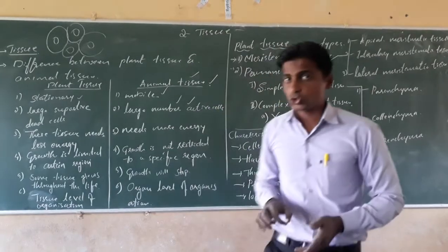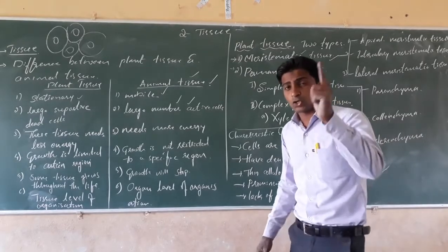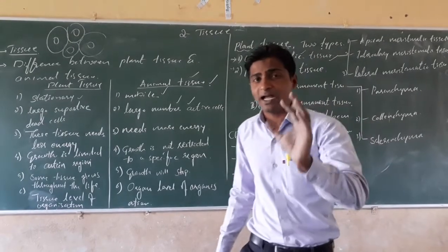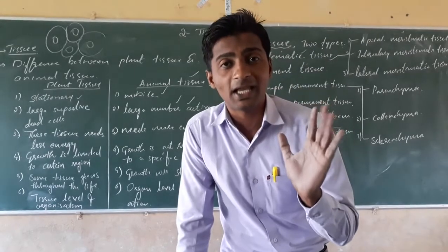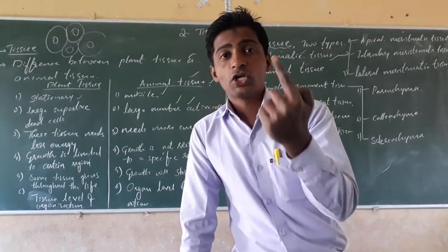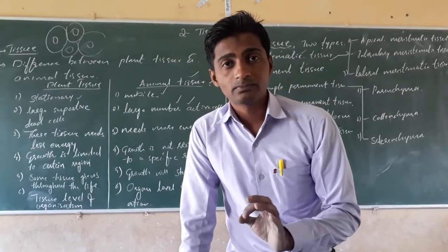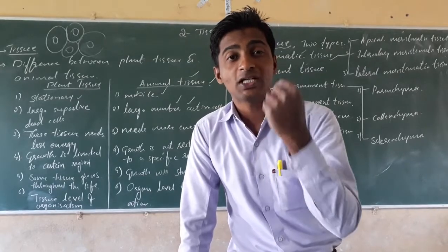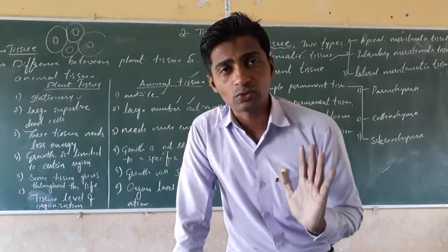It means the newly growing soft part of the plant is made up of the meristematic tissue. Not only the root, shoot, and stem, but also the newly growing leaves are made up of the meristematic tissue.